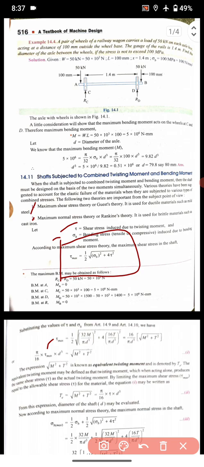So ultimately we get pi/16 tau d cube equal to the square root of M square plus T square, and this is known as the equivalent twisting moment. It is denoted by TE. So TE is equal to pi by 16 tau d cube, and this TE is equal to the square root of M square plus T square.